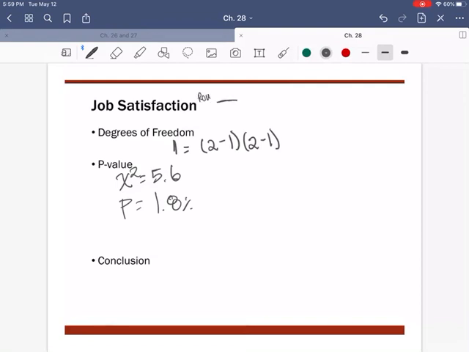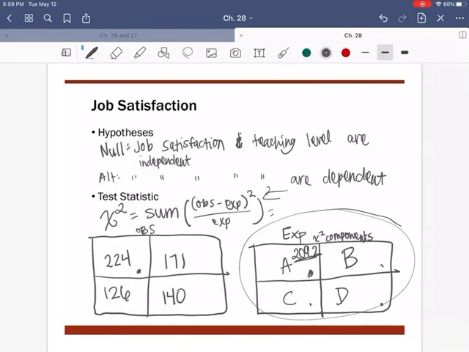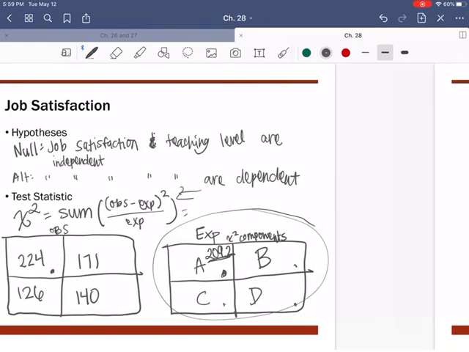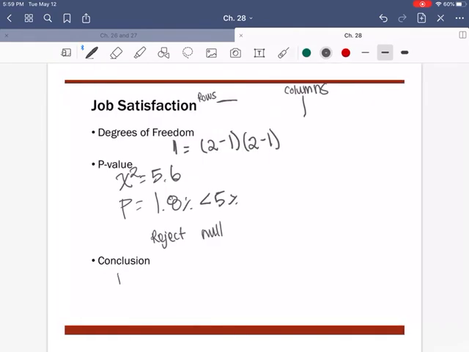Degrees of freedom is equal to the number of rows minus 1 times the number of columns minus 1. So we have 2 rows. Remember, rows go this way. Columns are like a column on a porch or in a castle. It's up and down. Okay, this number is smaller than 5%, so we reject the null, or fail to accept the null.